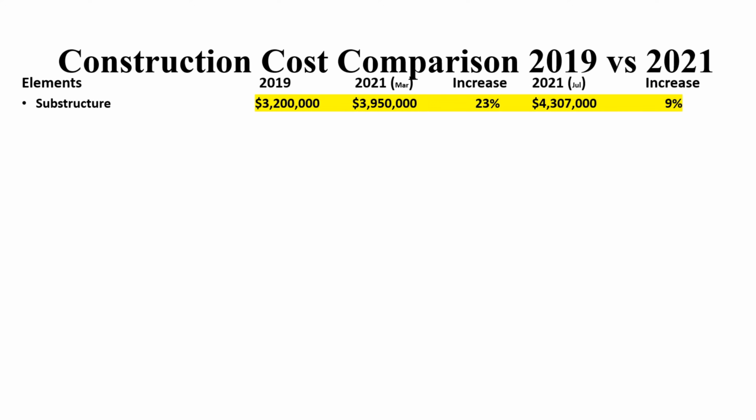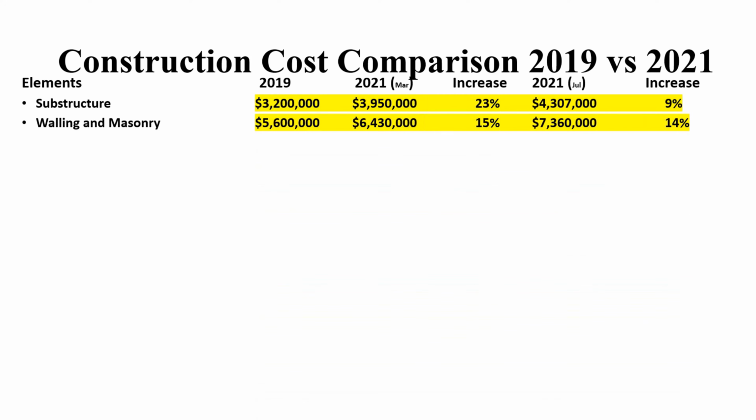Back in March, we would have spent about $3.95 million to do the substructure. Now we are looking at about $4.3 million to do the same substructure. This is an overall increase of about 9%. Now this is really due to concrete, steel, and formwork that has increased.